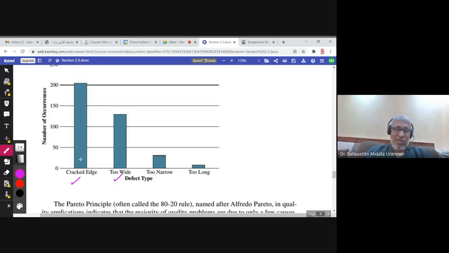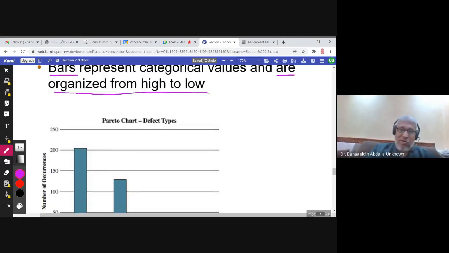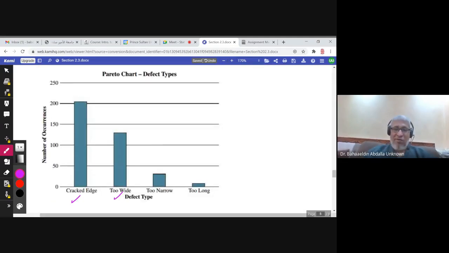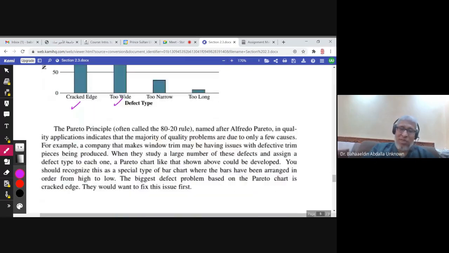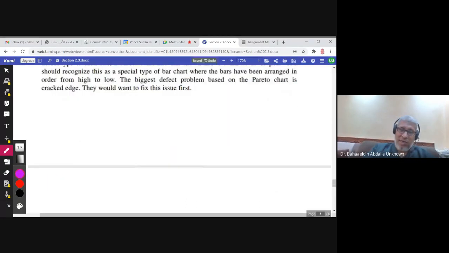So you may concentrate on solving these two problems, and then you will solve mostly all of your problems. So you can concentrate on the highest bars. If you draw the bar graph like this, starting from the highest to the lowest, we will call it a Pareto chart.